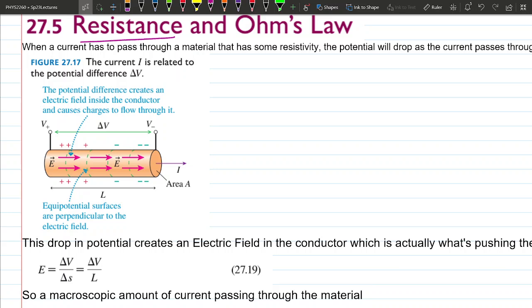In our picture of it, theoretically, we're just thinking about positive charge moving in the direction of the electric field, because effectively, that's the same thing as electrons moving opposite, and you don't want to deal with all these sign flips. So that's why we're going to just think about positive charge moving along this wire, okay?